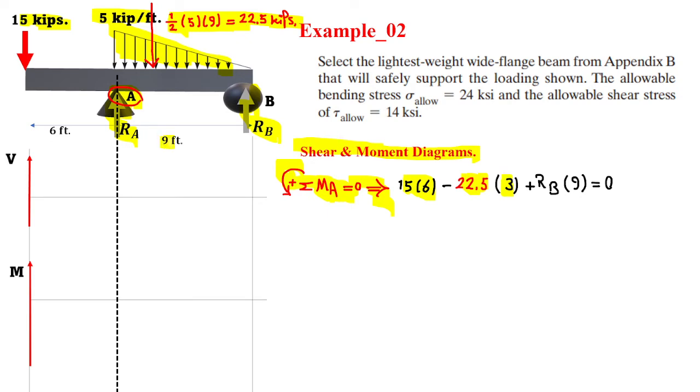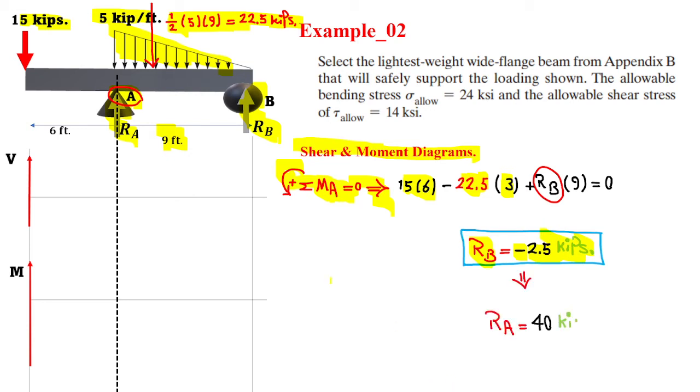Base is 9 feet, 1/3 of that is 3, plus RB times the total length of 9 feet. If you do the math, it just gives you RB. Reaction at B is negative 2.5 kilopounds.